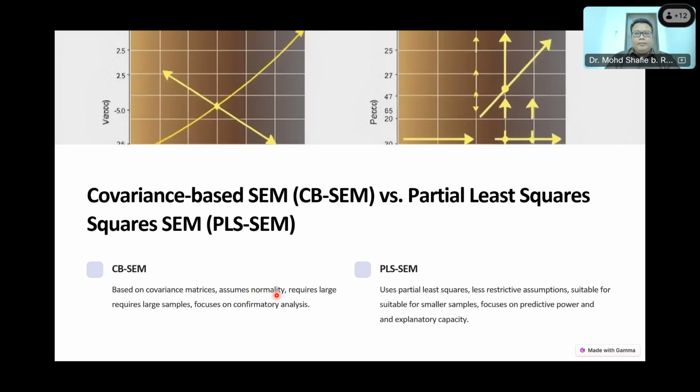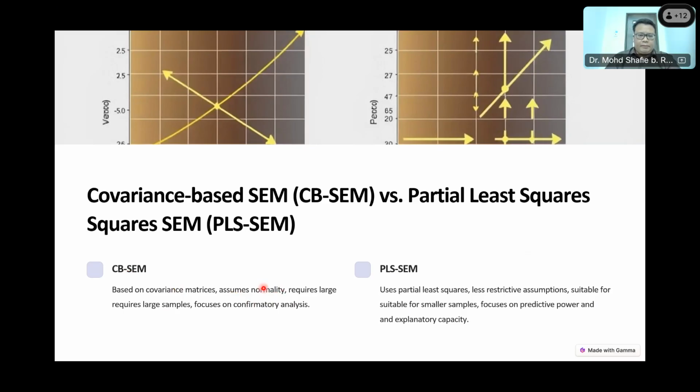If you are using Shapiro-Wilk or Kolmogorov-Smirnov, this is focusing on the univariate nature of the data. Please understand this, because if you are using covariance-based SEM and your data are not normally distributed, there is a high likelihood that your findings might be wrong.